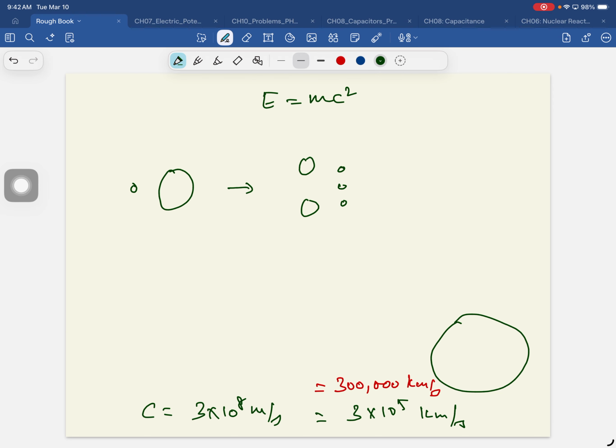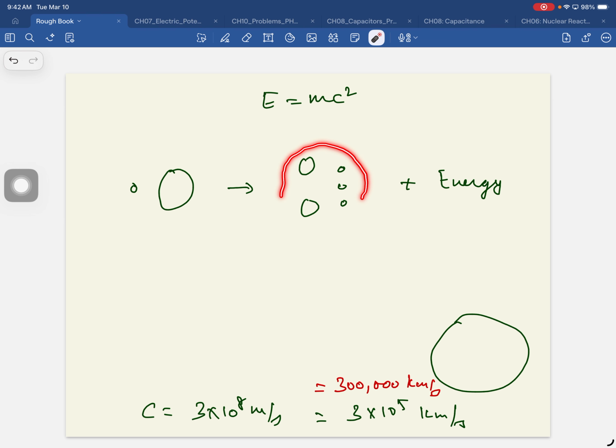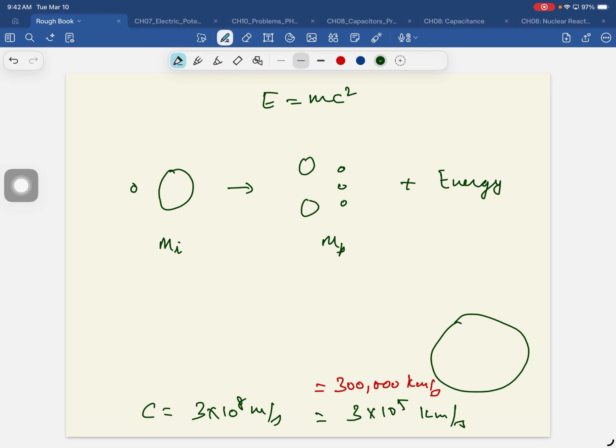Anytime you get energy, if energy is released, that means the products weigh less than the ingredients. Here, this is the mass of the ingredients, this is the mass of the products.